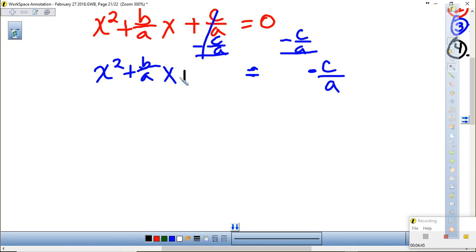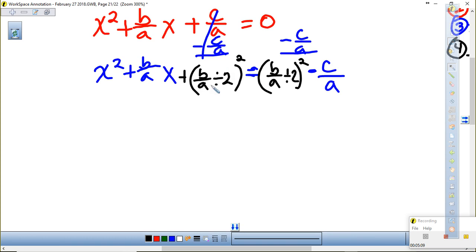Here it goes. We would usually write b, or whatever that number was, over 2. But can we have a fraction over another fraction? No, so I'm going to write it like this. B over a divided by 2. Does that make a little bit more sense? Yes, squared. And whatever I do to one side, I do to the other.